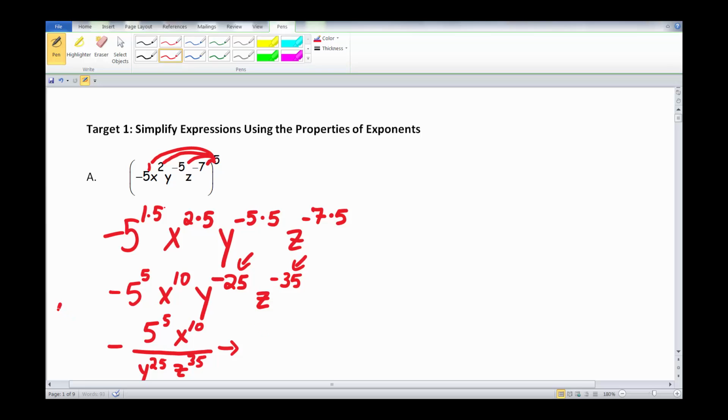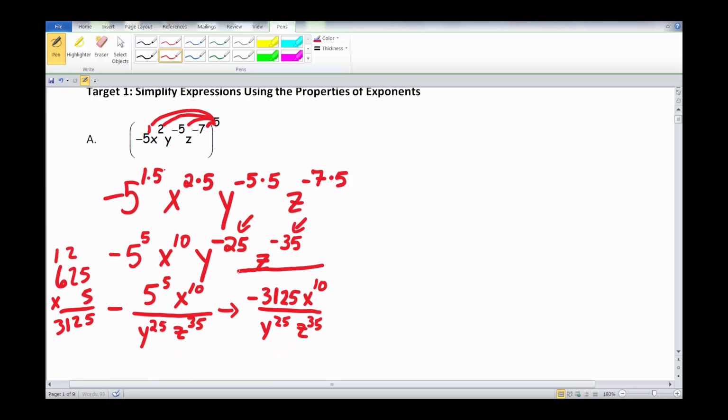And so then 625 times 5, we get 3125. We get negative 3125 x to the 10th over y to the 25th z to the 35th.